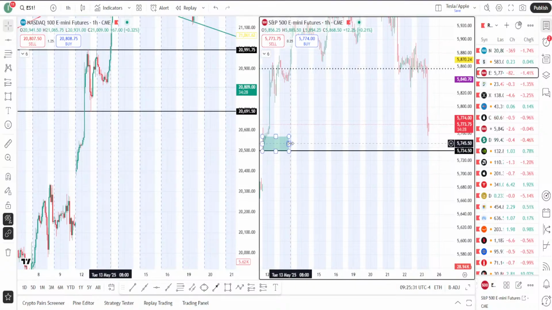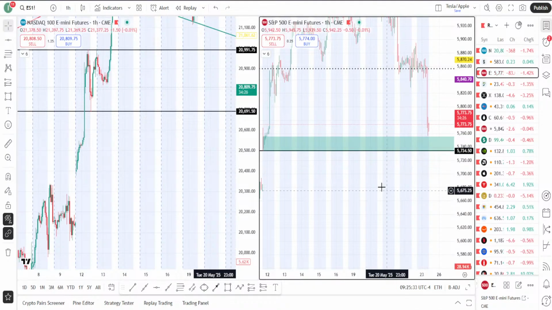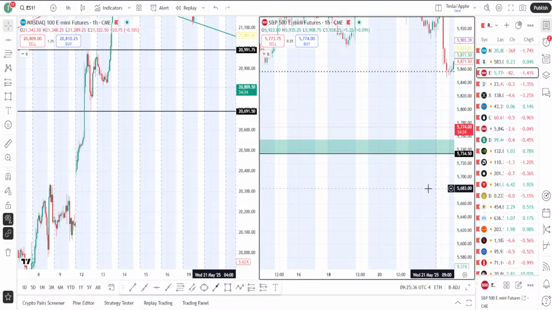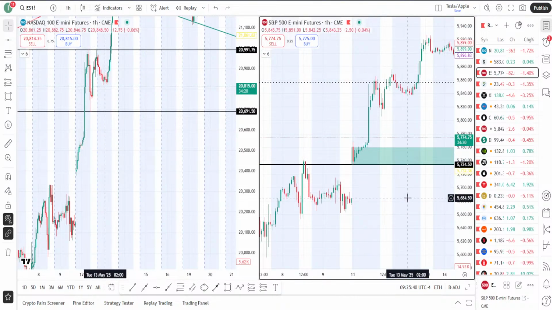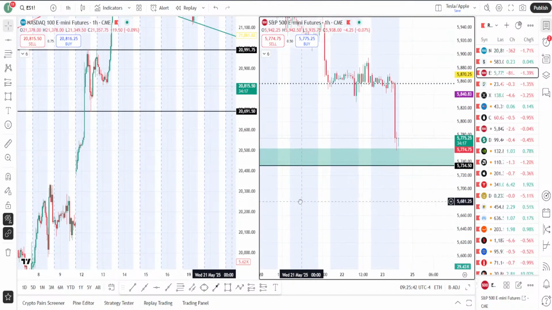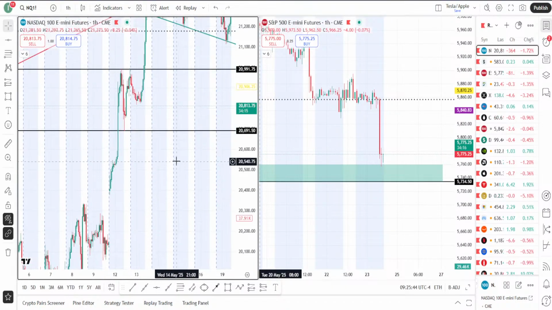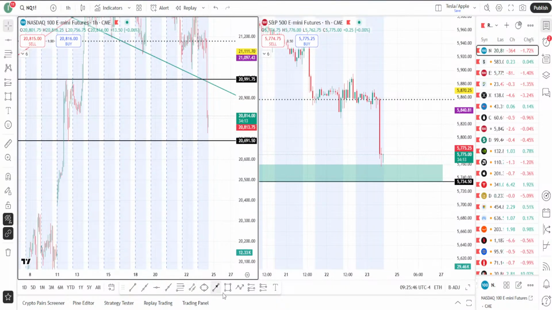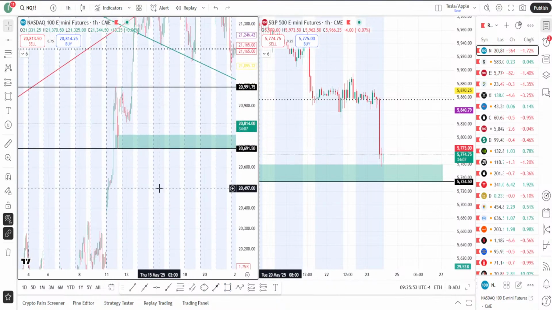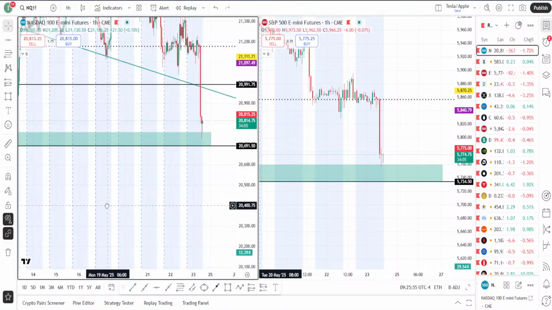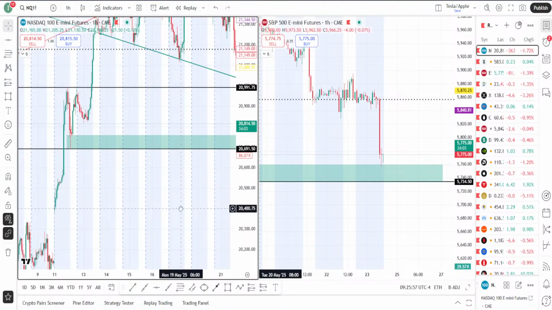This could be your demand zone, and this could be our demand zone for the Qs right here. It's important so that we know where the buyers are sitting, right? We know where the buyers are. They're going to be at previous lows. It's going to be buyers.